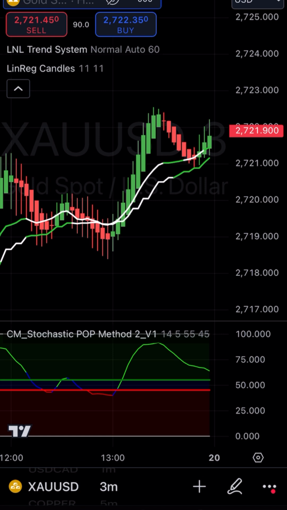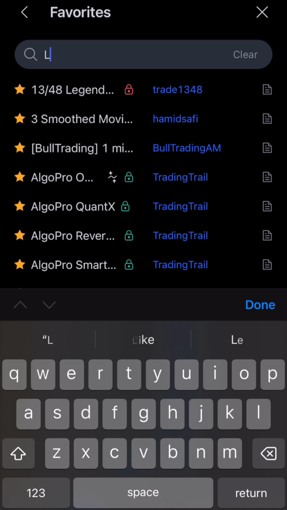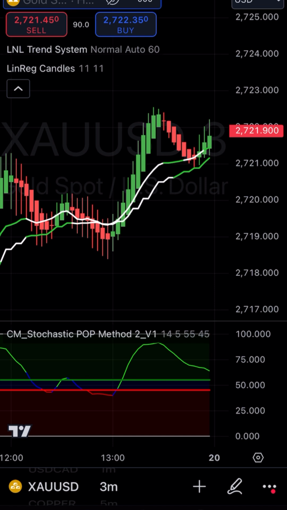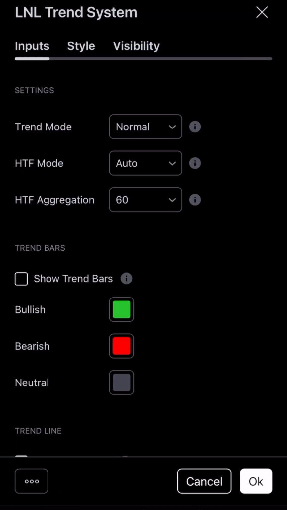So linear regression candles for the first one, and the next one you need is the LNL Trend System. You'll go to your indicators and look for LNL Trend System. Now, I have mine set to different settings.